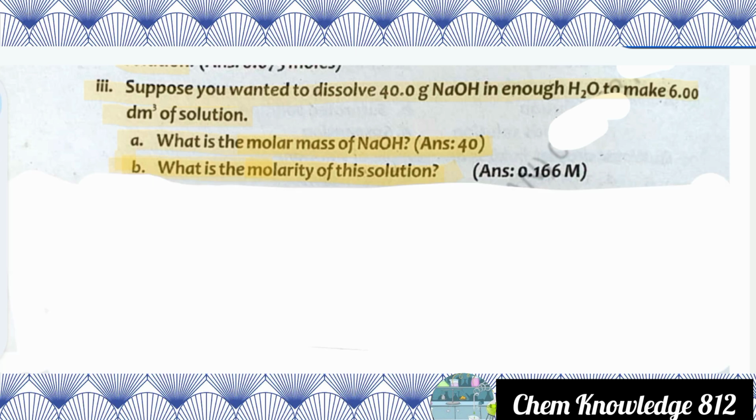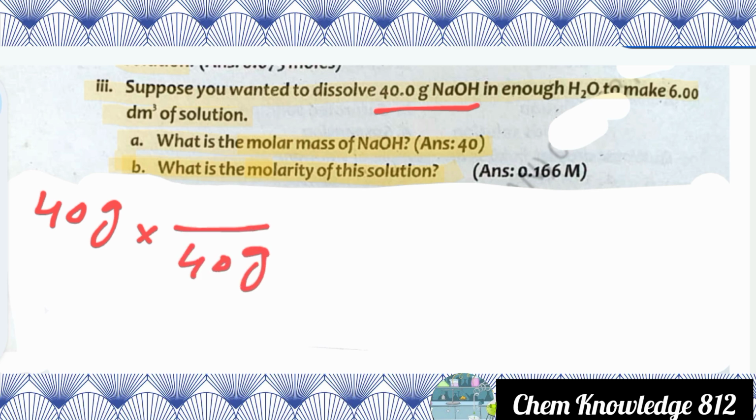So we have 4 gram of NaOH, and we know that formula weight of NaOH is 40 gram per mole.